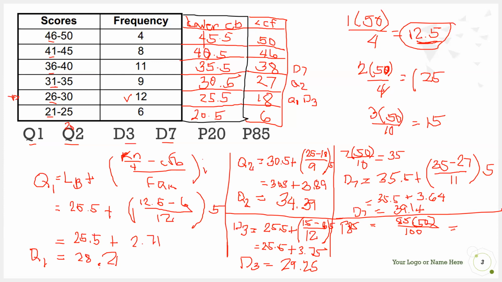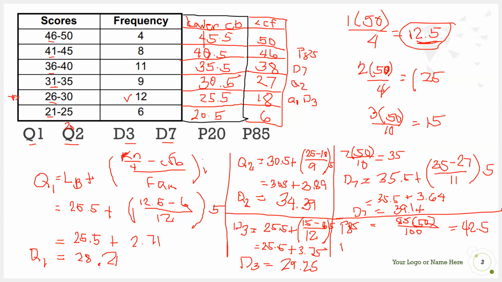That's 42.5. Okay? So, nasan si 42.5? Nasan siya? 46. So, this is P85.